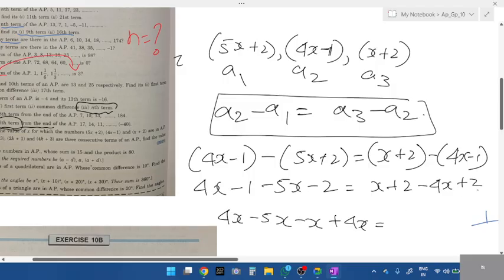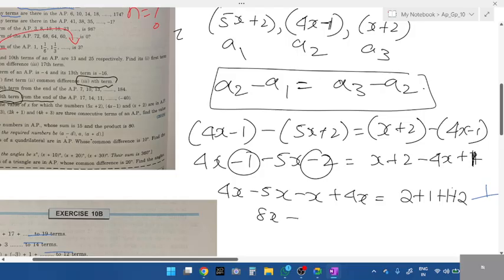Plus 1. Sorry, plus 1. Then on the right hand side, 2 plus 1. What are the other numbers you have to shift? It becomes plus 1. Tell me the value. 4x plus 4x is 8x.